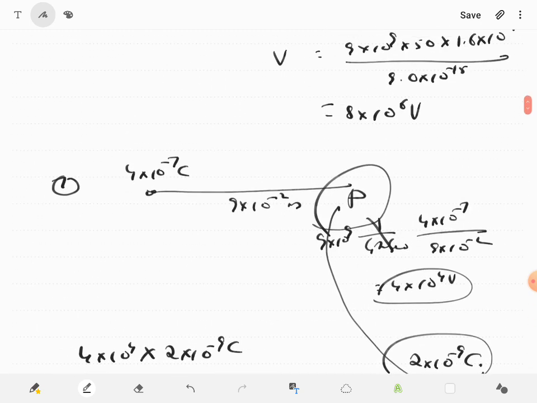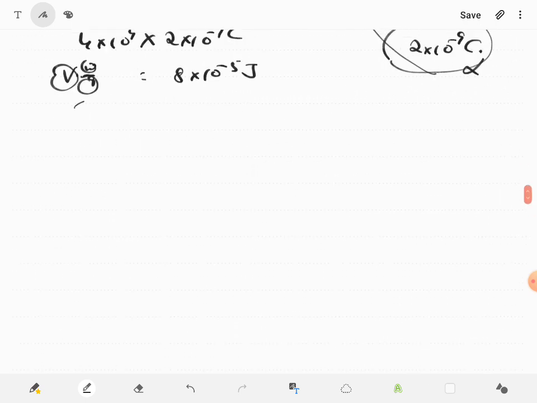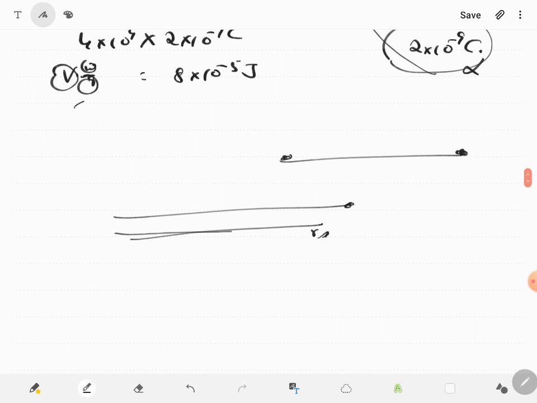Does the answer depend on the path along which it's brought? No. Potential energy does not depend on the path because it only depends on the initial position and the final position. Even while we are doing potential, we calculate RA and RB.